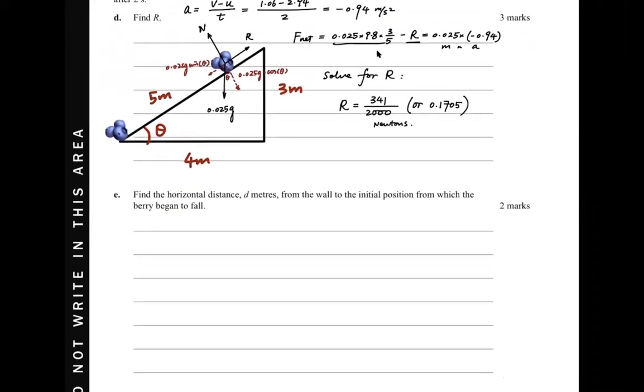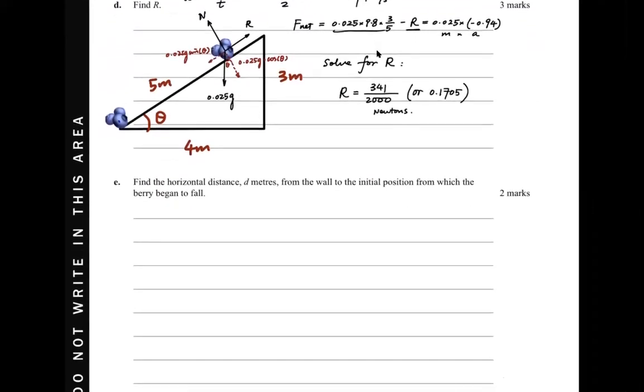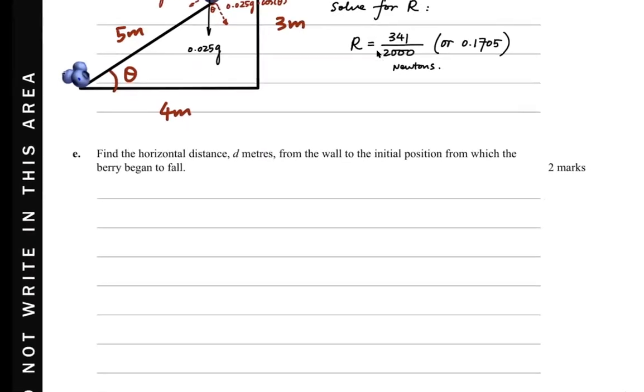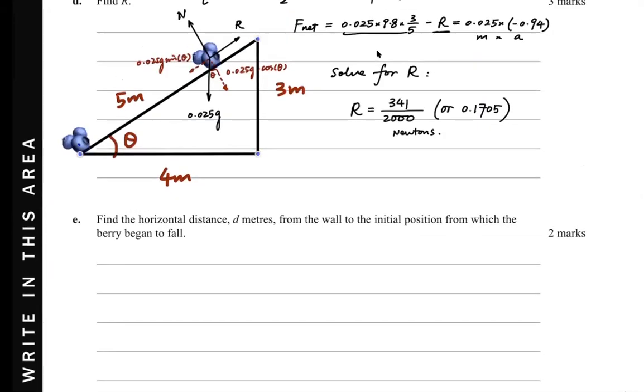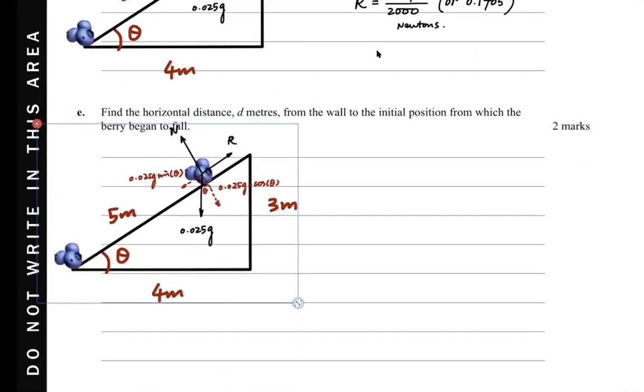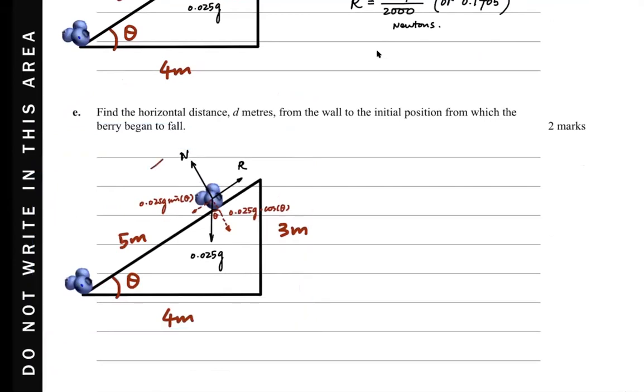Okay. Finally, we want to find a horizontal distance d meters from the wall to the initial position from which the berry began to fall. Let me redraw the diagram. So this bit is u equals 2.94.